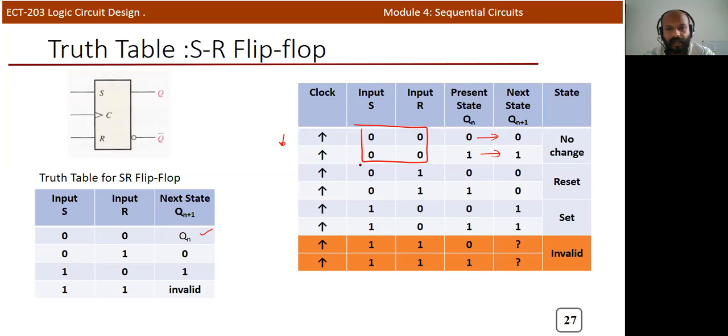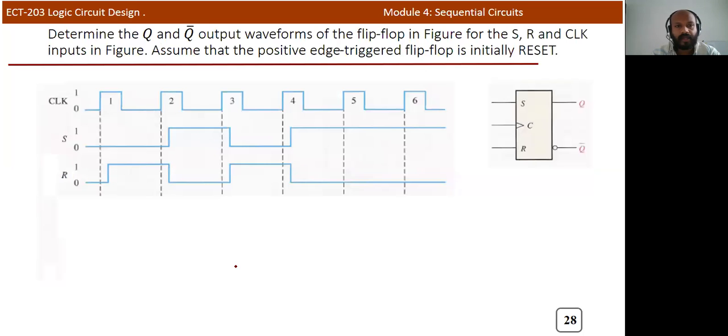When the input is 0 1, that is the reset condition, the output is reset, so it becomes 0. For 1 0, the output is set, so you can write 1. And the last case 1 1 is invalid, so we'll write this. This is the SR flip-flop truth table.